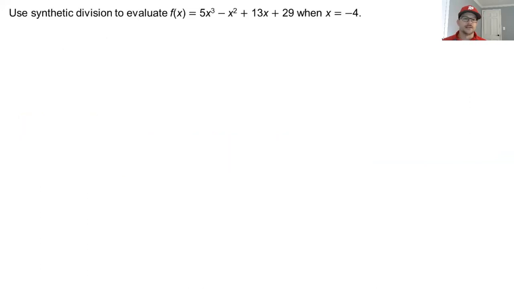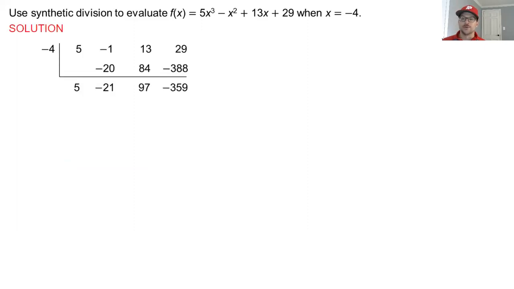So using the synthetic division and then evaluating when your x equals -4. So we are going to actually be plugging in -4 because we're not dividing by a polynomial. And this will help tell us what the value of that is using the remainder.